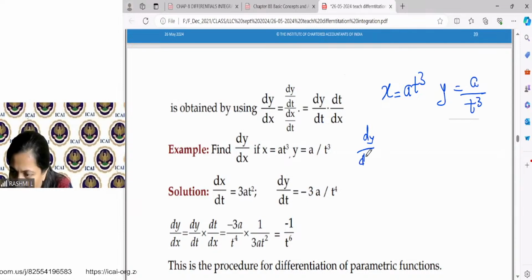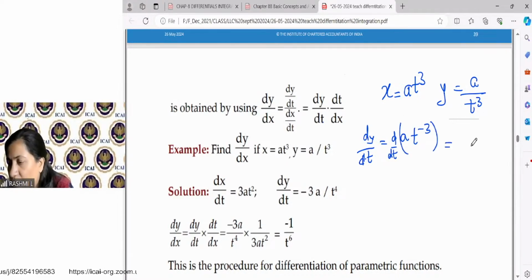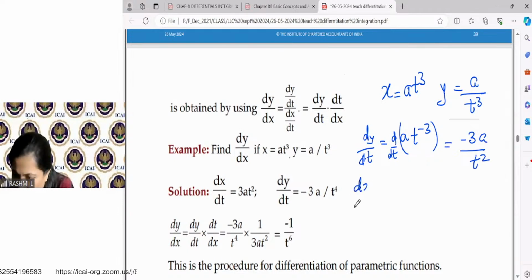Okay, dy by dt will be equal to d by dt of a t raised to minus 3, which is equal to how much? Minus 3a upon t square. And how much will be dx by dt? This will be equal to 3a t square.